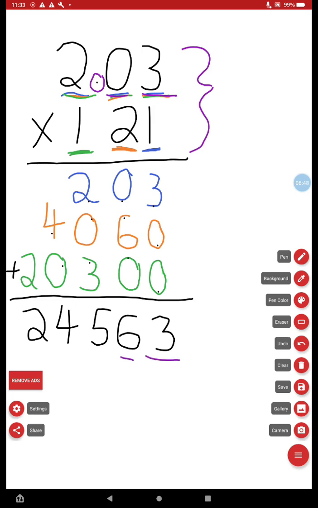That means the decimal point goes right here. Now I can see my answer isn't 24,563, but now I read it as 245 and 63 hundredths. 245 decimal point 63 hundredths.